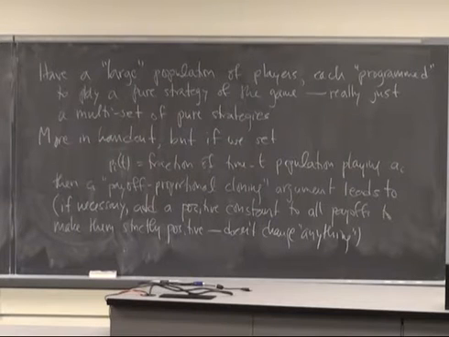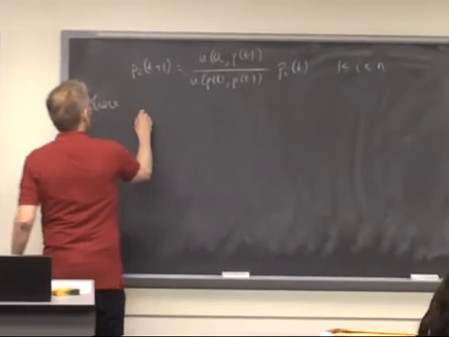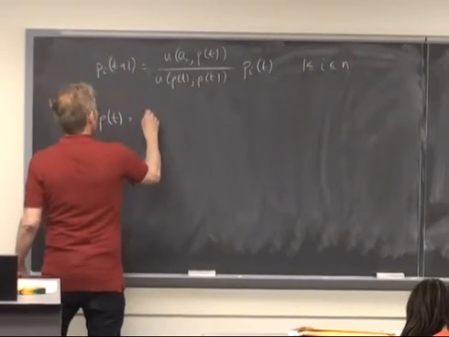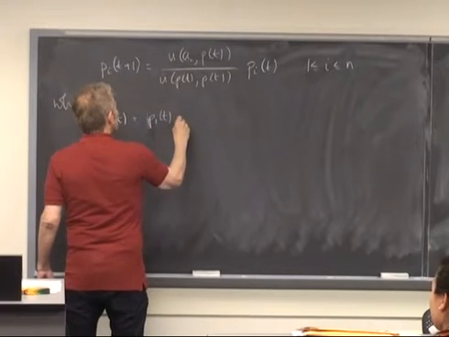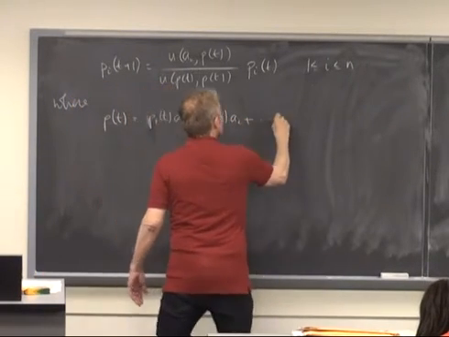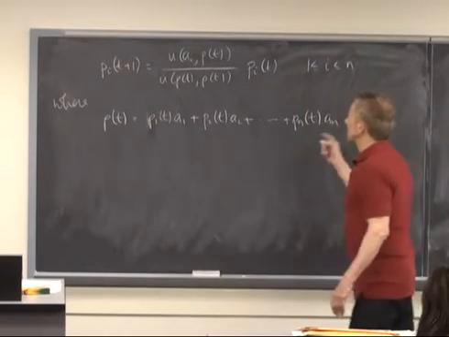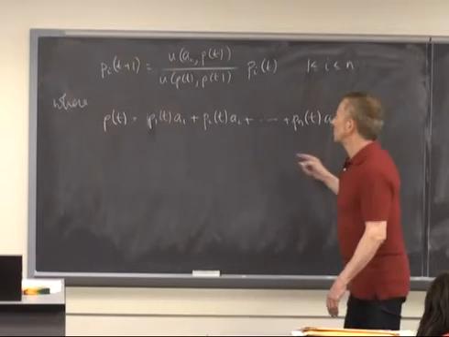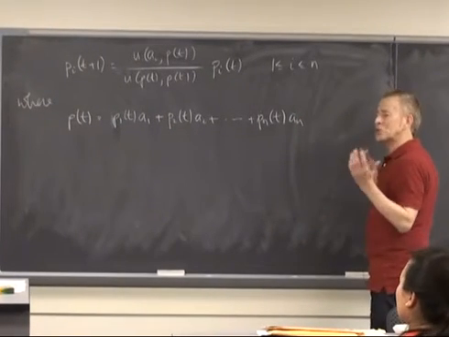All right. So what is P of t? P of t is just going to be the sum P1 of t, A1 plus P2 of t, A2 plus dot dot dot plus Pn of t, A sub n. This is the notation we use for a mixed strategy of the game.